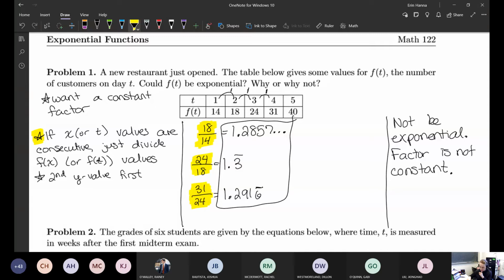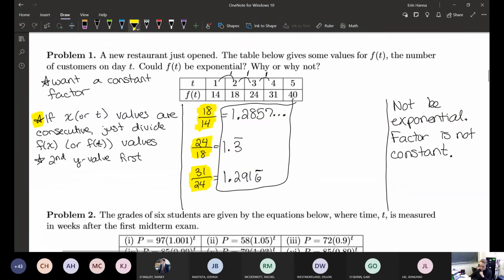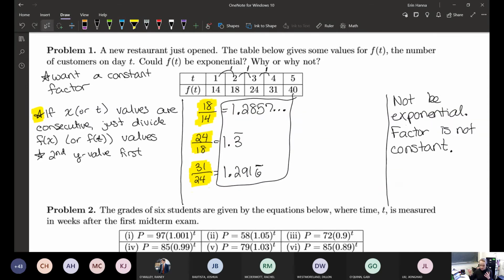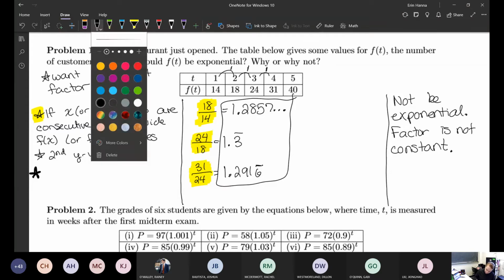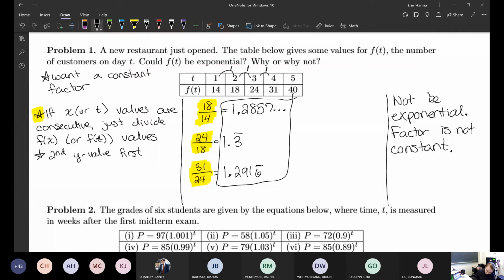Now there's a couple other things I want to talk about in terms of this question. What if the values aren't consecutive? Because here all of our t values were consecutive. If they aren't consecutive, here's what you need to do.